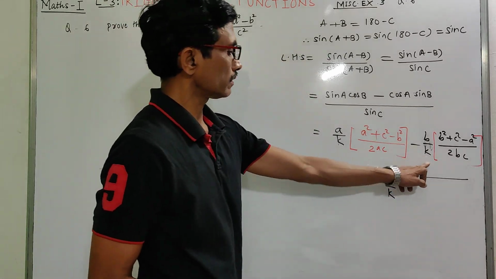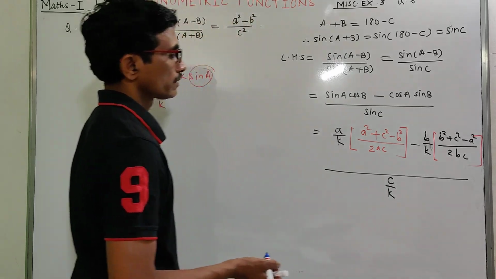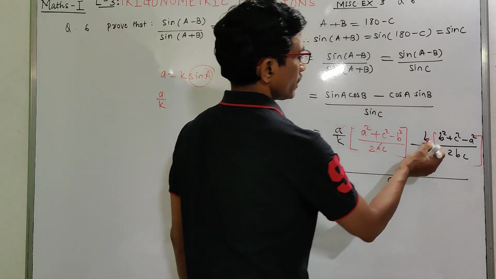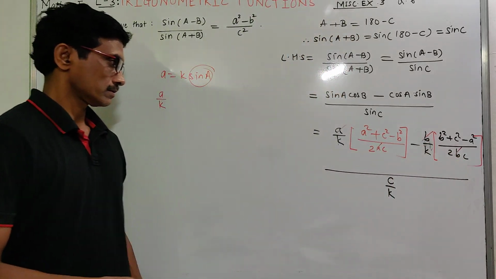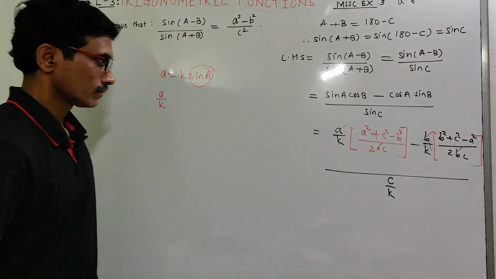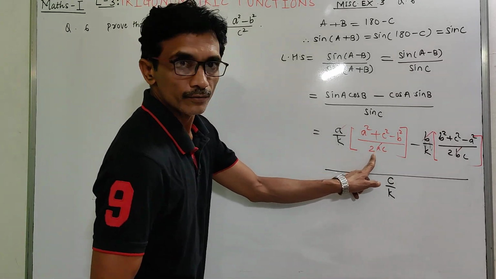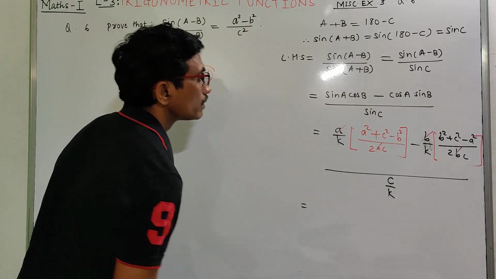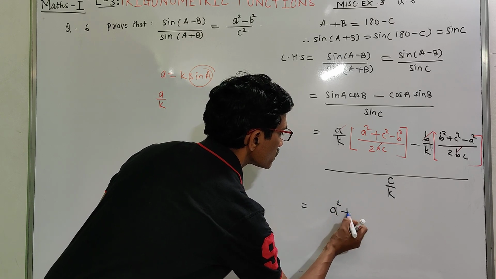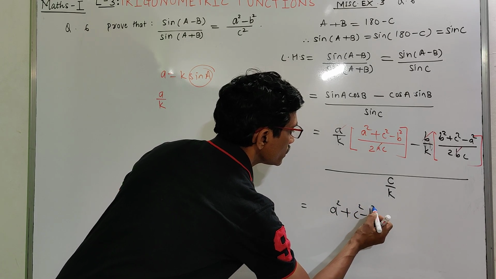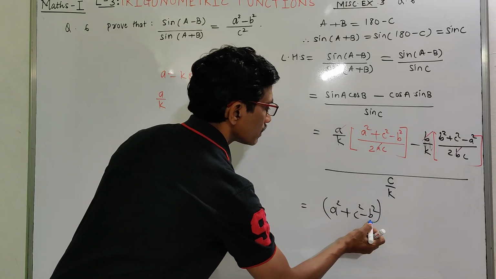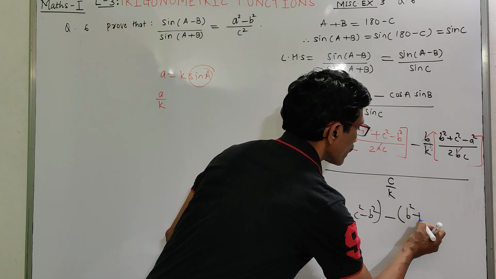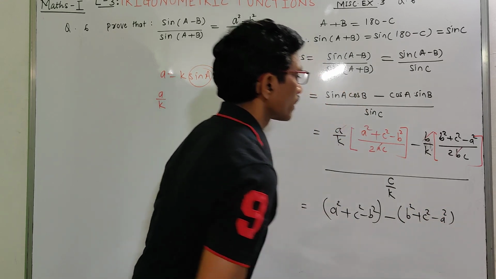Now all these k in the denominator are getting cancelled. This a is getting cancelled, here b is getting cancelled, this k already is getting cancelled. So in the denominator we have 2c, here we have 2c, that is equal to (a square plus c square minus b square) minus (b square plus c square minus a square).